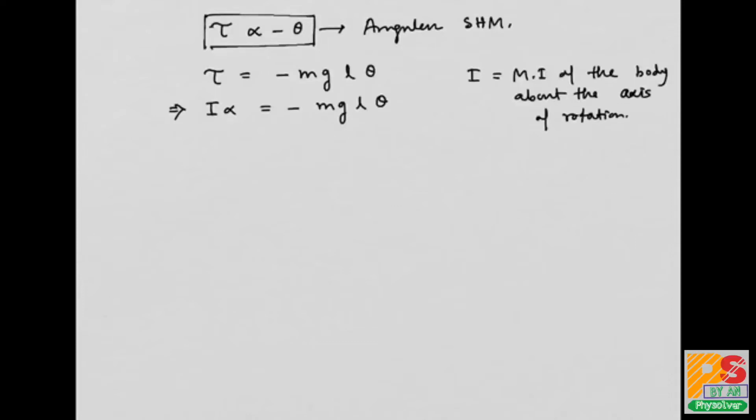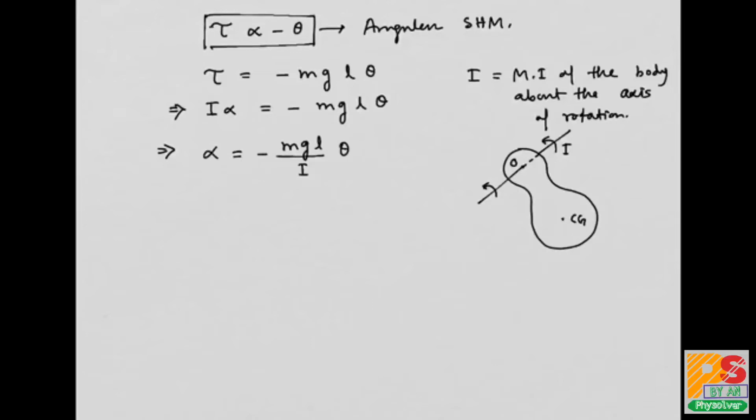Now the axis of rotation for this body, this is the body, this is the center of gravity, and this is the point of pivot. Therefore we have to calculate its moment of inertia about this axis, right? We will come to that later. Alpha is minus mgL by I into theta, and we know alpha equals minus omega square theta.